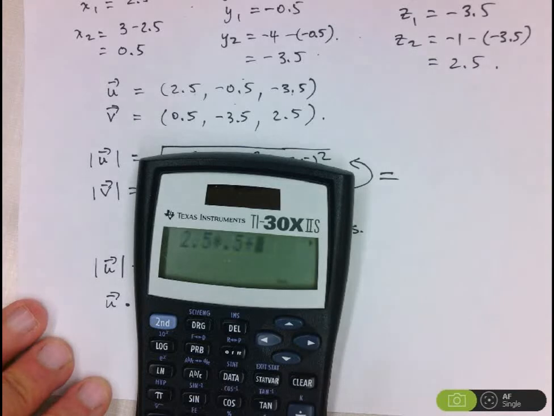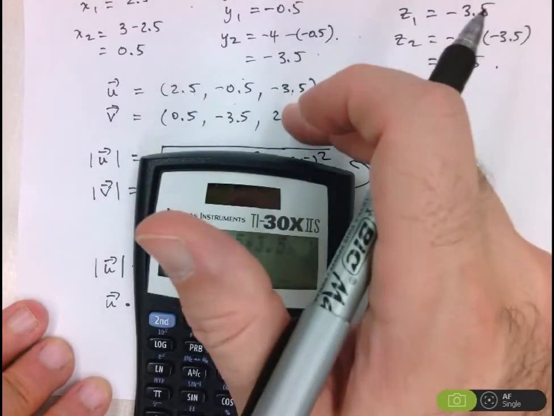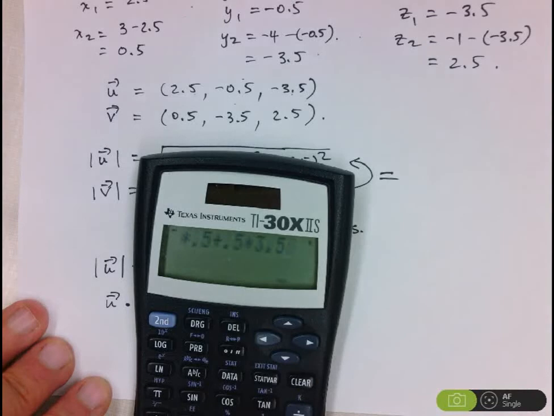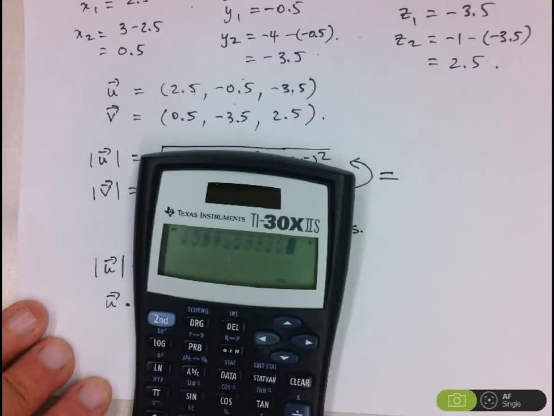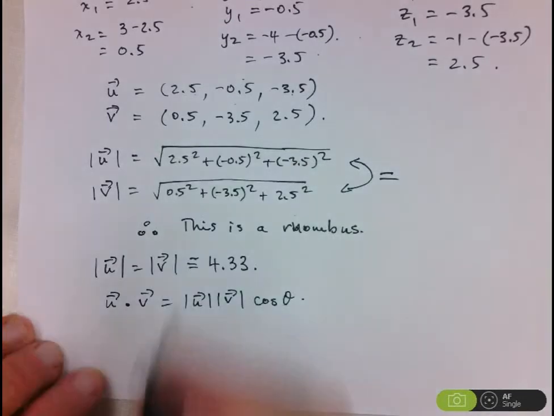Okay, we've got that, I can just use the positive version, so 0.5 times 3.5, and then here, since it's going to be negative 3.5 times positive 2.5, it's going to be minus 3.5 times 2.5. So the dot product is equal to negative 5.75.